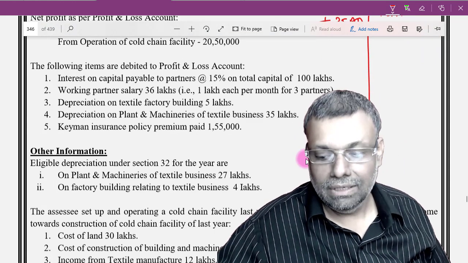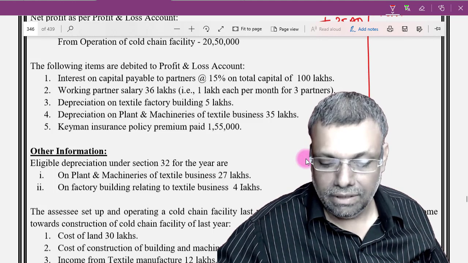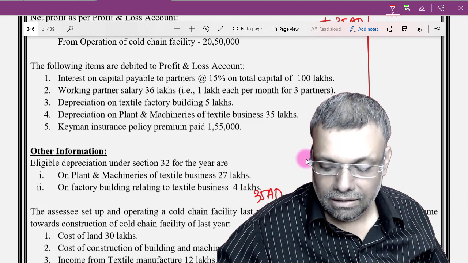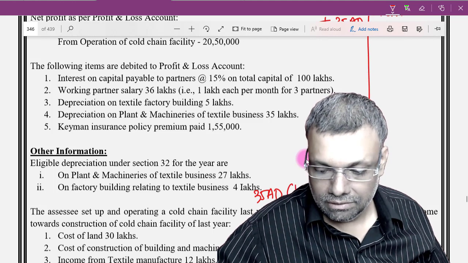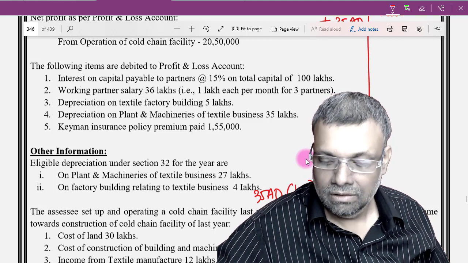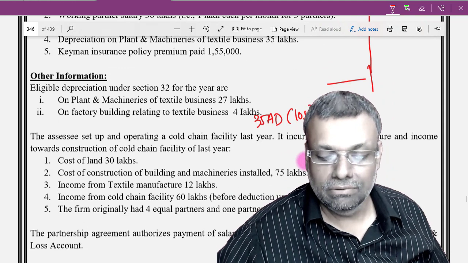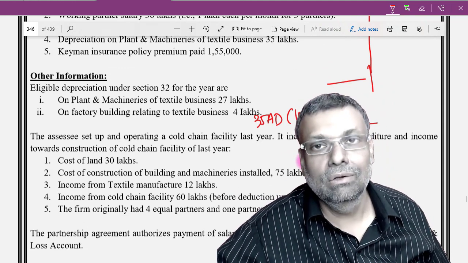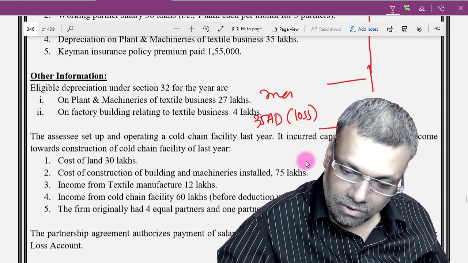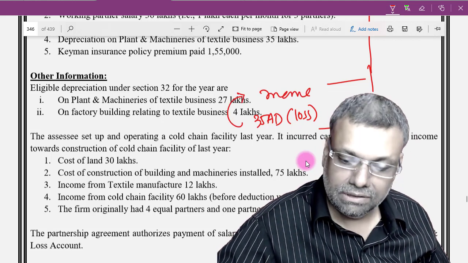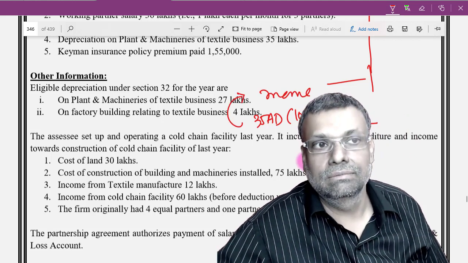After that I'll have to do the carry forward set off of 35 AD, because of the 11,25,000 which I calculated. This I will do, that particular set off. But before I do this particular set off, I have to ensure that my income has sufficient profits out of 35 AD.